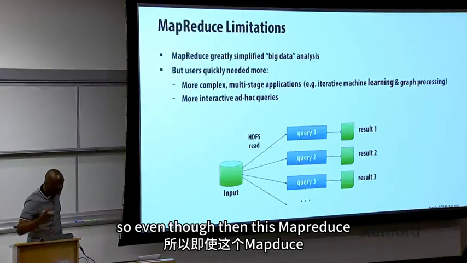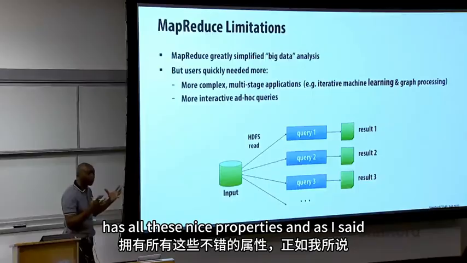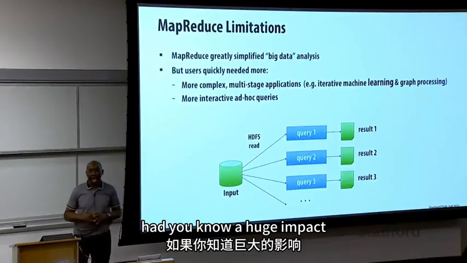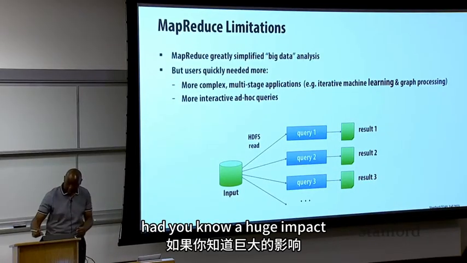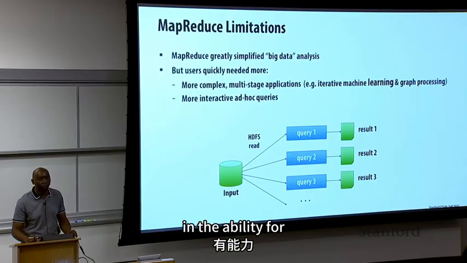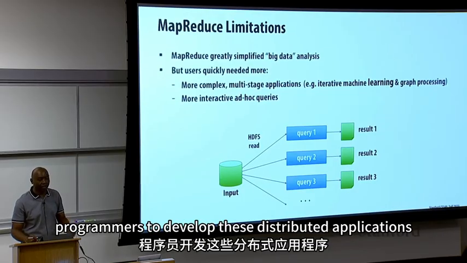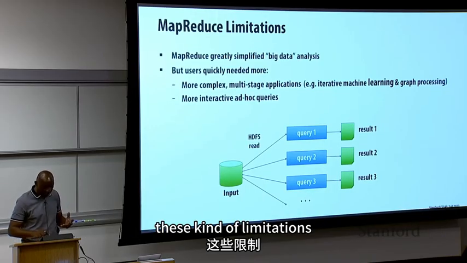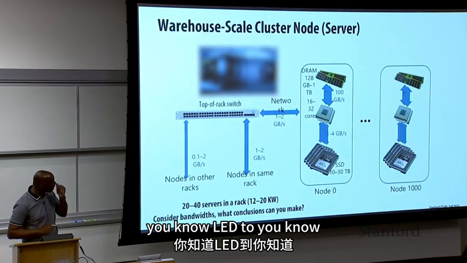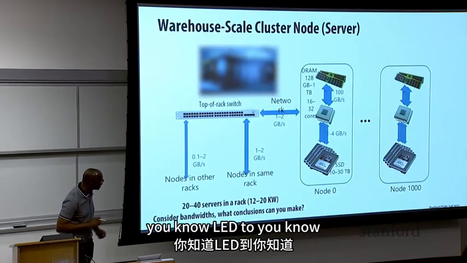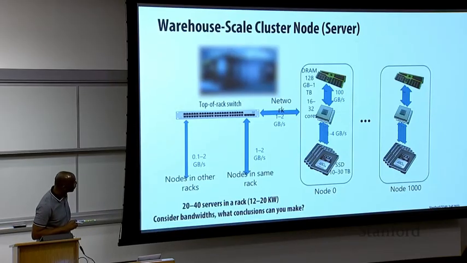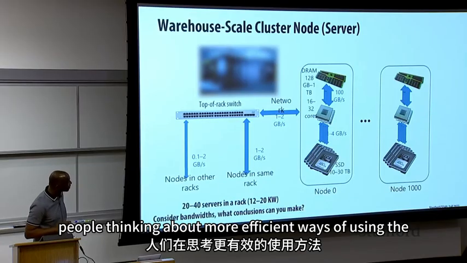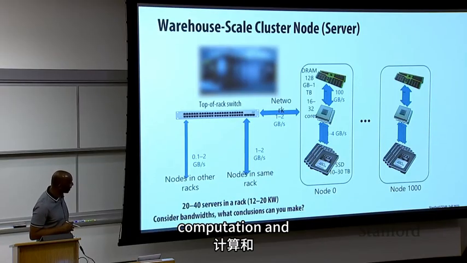So even though MapReduce has all these nice properties, and as I said, had a huge impact on the ability for programmers to develop these distributed applications, these limitations led people to think about more efficient ways of doing the computation.